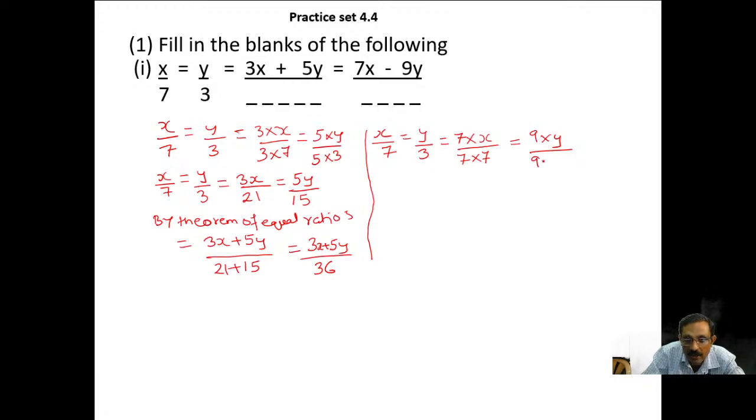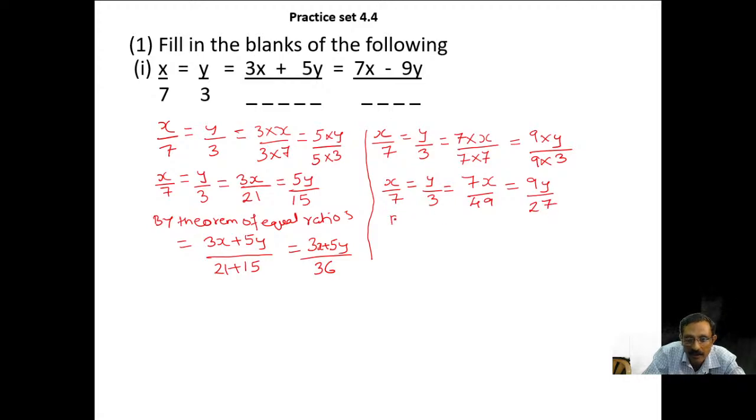So 9 into 3, which is equal to, if you see, x upon 7 is equal to y upon 3, which is equal to 7x upon 49, which is equal to 9y upon 27.